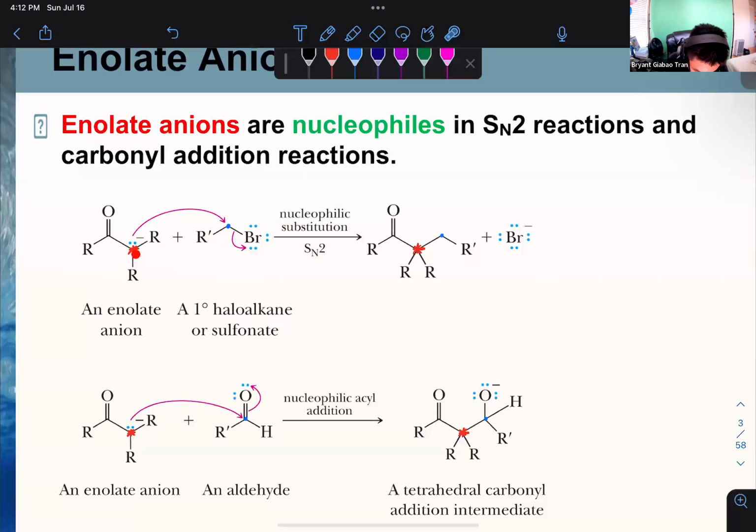I starred the attacking carbon and dotted the carbon being attacked, and then kicked out the leaving group. So this is the new bond right here between the starred and dotted carbon. We see the starred carbon is attached to two R groups, 1, 2, and the blue dot carbon is attached to one R prime group right here. And the Br minus got kicked out as a leaving group.